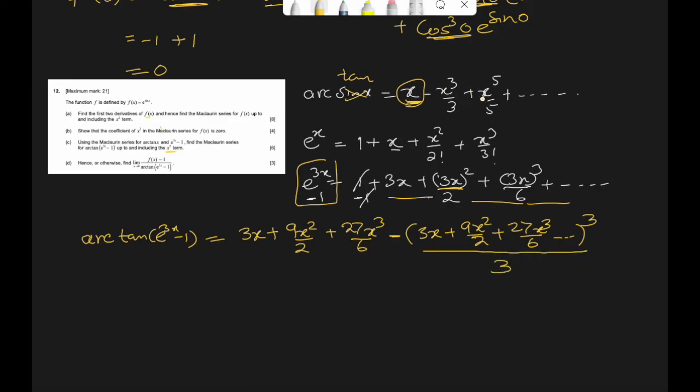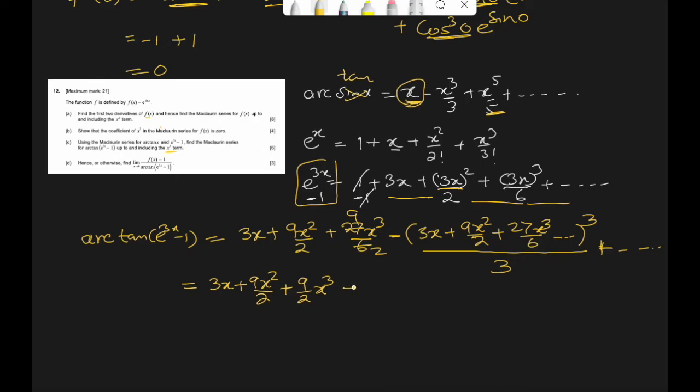This one cubed. I will not go to the 5th power and I will not go beyond this. So it will be plus something like this. So what will that be? 3x plus 9x square over 2. Let's cancel this. This is 3 times 2, 3 times 9 plus 9 over 2x cube. 3 times 2, 6. Okay, by chance same.